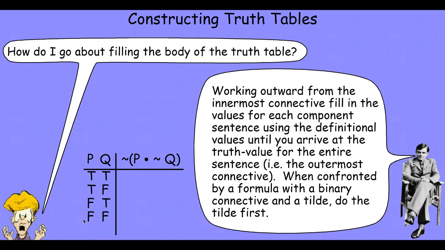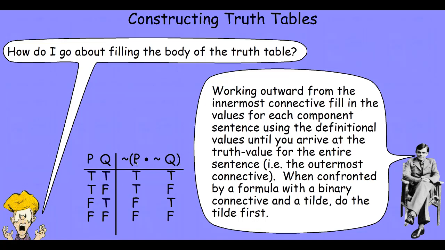Now we've got our 4 rows, one for each possible way the world could be. The first thing we do is copy over those truth values from our guide columns under each of the instances of those simple letters. So P gets that, Q gets that. Now we're ready to evaluate our logical connectives and ultimately the whole sentence.